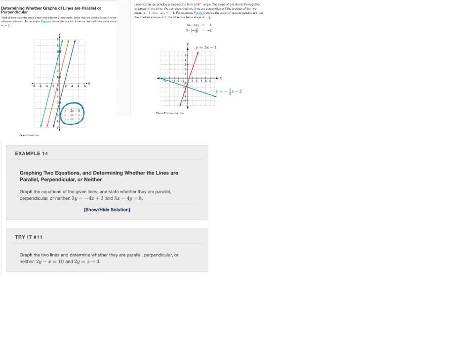Okay, so let's look over here. This is going to be perpendicular lines. Perpendicular lines intersect to form a 90-degree angle. The slope of one line is the negative reciprocal of the other. Okay, so let's say this: perpendicular slopes are negative reciprocals.